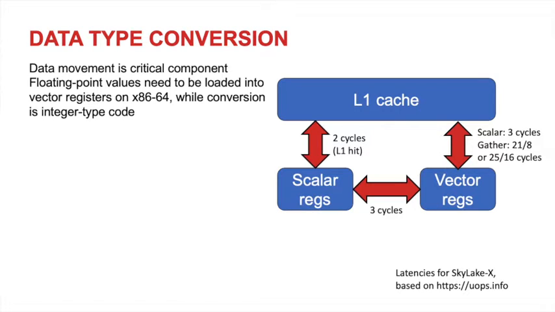Another issue we need to look at carefully is data movement. This specifically relates to the architecture of the x86-64 systems, where we have a set of scalar registers where we can perform operations on single values, but we can only perform integer operations within these register sets.